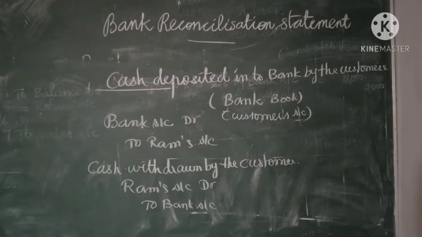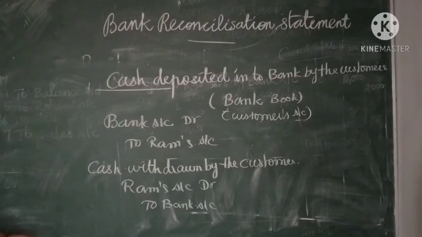So the same thing is the amount owed by the bank to the customer. Similarly, when the money is withdrawn or taken out of the bank by the business, the customer's account is debited.